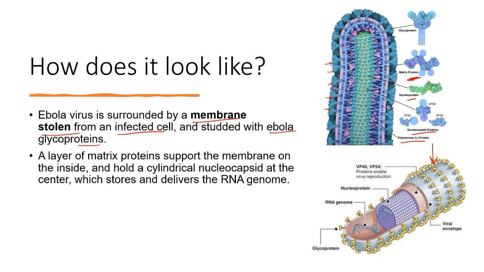In the bottom you can clearly see there are multiple layers, outside of which there is the envelope. The viral envelope is actually stolen from the host cell, and then there are specific glycoproteins in yellow color, inside of which there is VP40, VP24, the protein layer enabling viral reproduction, the nucleoprotein layer, and inside of that there is an RNA genome.